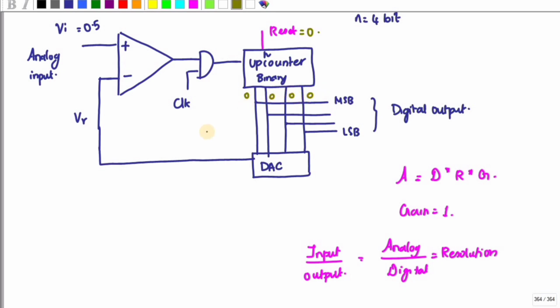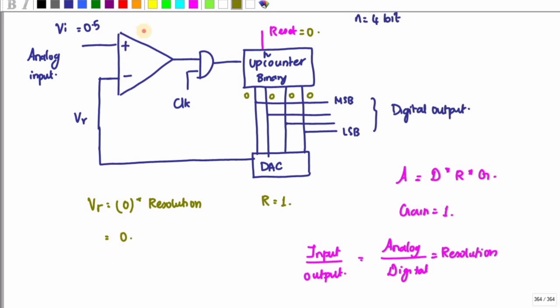So what is VR? VR is equal to my digital value, which is nothing but 0 into the resolution. Here I have taken the resolution R equal to 1. If that is the case, the VR value is equal to 0.